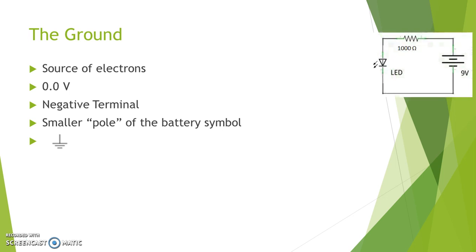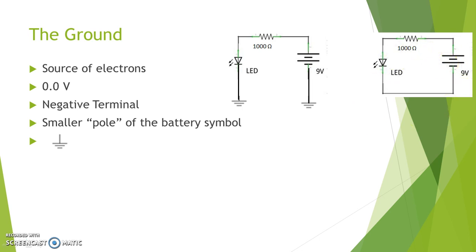Okay, and to illustrate this point one more time, here's our classic circuit that I've been using all the way through. Here's an alternative. Now you can see the negative portion is the bottom of our circuit. It's also shown by the smaller pole on our battery symbol.